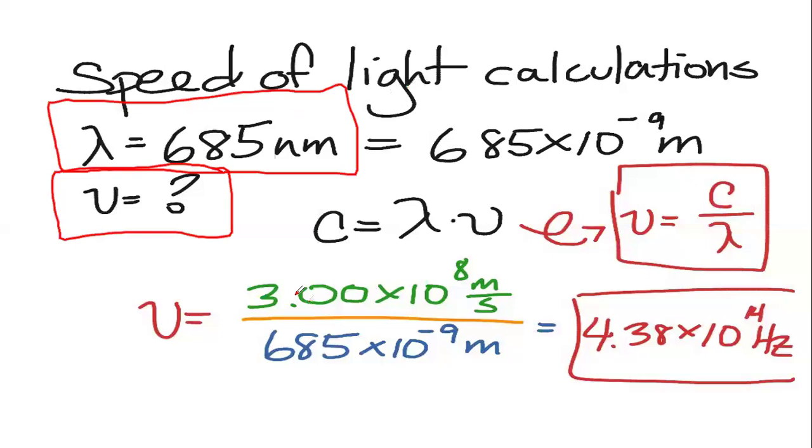So we're just dividing the speed by the wavelength. Make sure you change from nanometers to what? Meters. So we are multiplying this number by 10 to the power minus 9, the conversion factor, right? When I divide these two numbers on my calculator, I'm getting this as my answer.